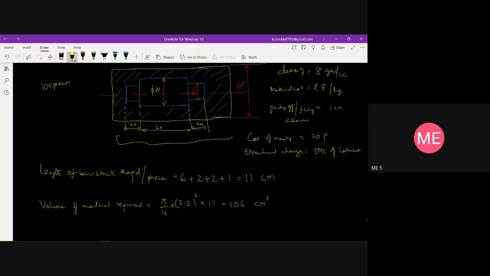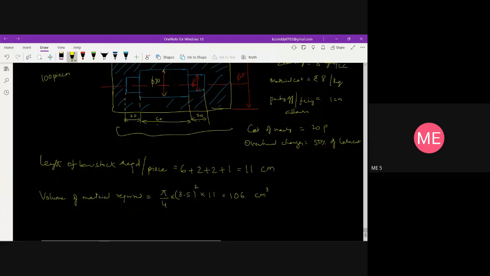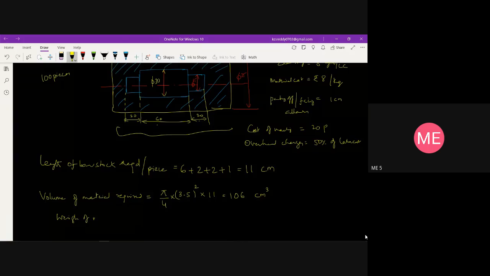Now if I want to find out the total weight of the material required to make one component, it is going to be volume into density. So 106 into density. Density is given as 8 grams per cc, so divided by 1000 will give it in terms of kg. So I'll be getting 0.848 kgs.